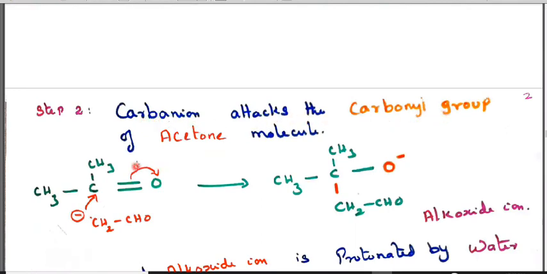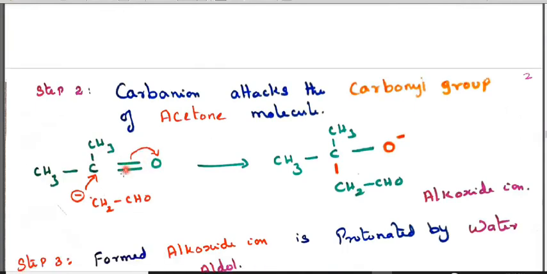Now the carbanion attacks the carbonyl group of the acetone molecule. So here the structural formula CH3, CH3, double bond O is the second molecule, acetone, and this is the carbanion. Here the electron is shifted towards oxygen because it has a high electronegativity value, that is 3.5. Carbon's electronegativity value is 2.5.